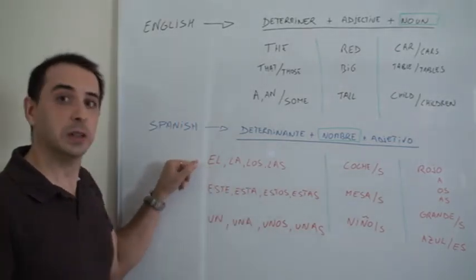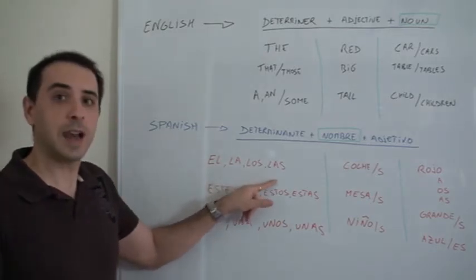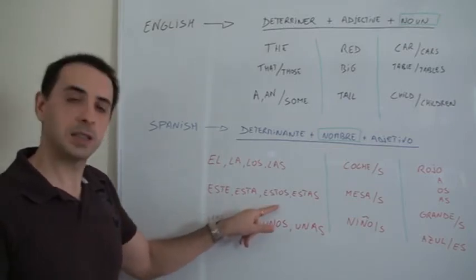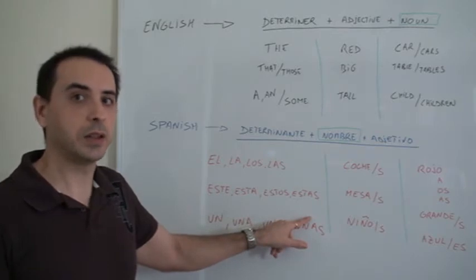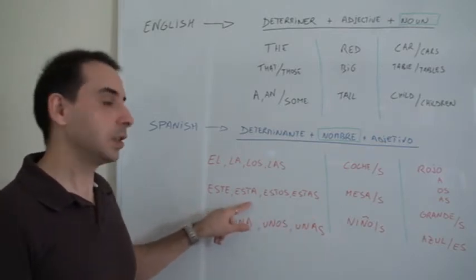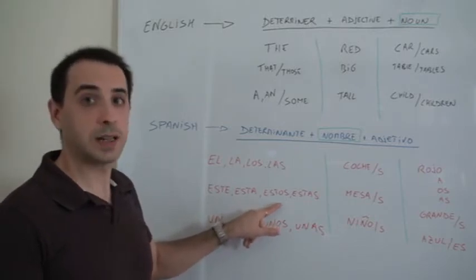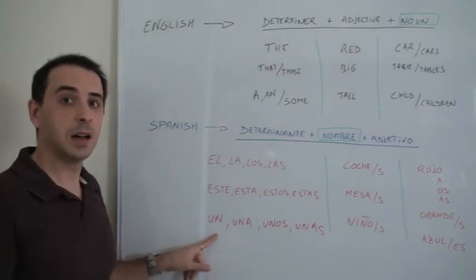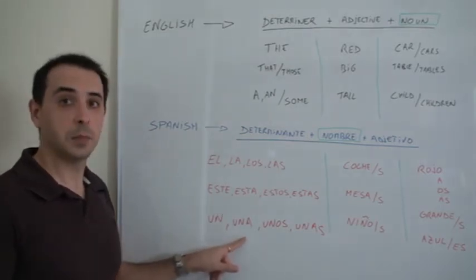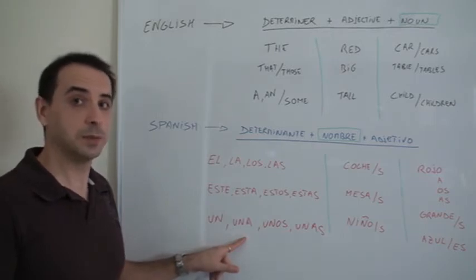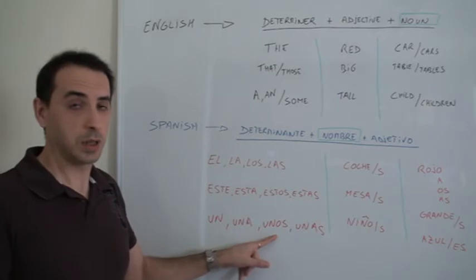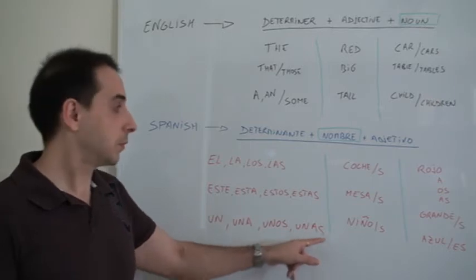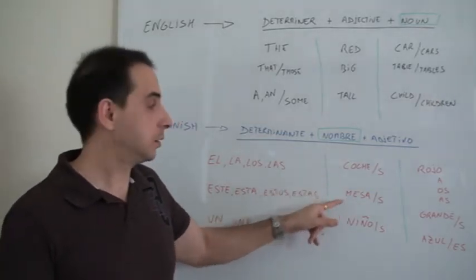Here we have the: el, la, los, las. These: este, esta, estos, estas. Again, the order is masculine singular, feminine singular, masculine plural, feminine plural. Some, for masculine and for feminine. Car, coche.